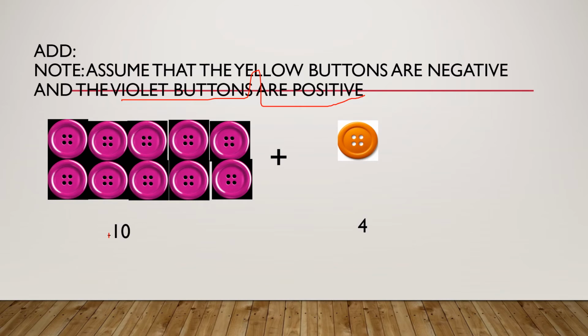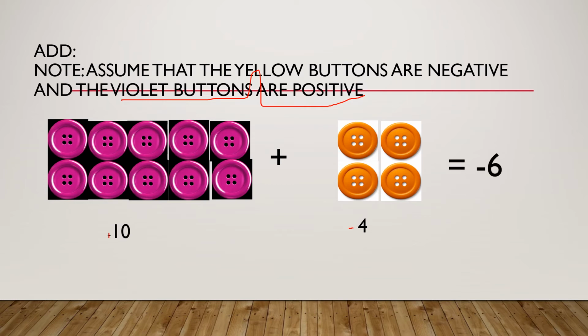Plus, on the yellow buttons, we have 1, 2, 3, 4. So it represents negative. So we have negative 4, which equals positive 6. Why? So we are going to take each one, no?